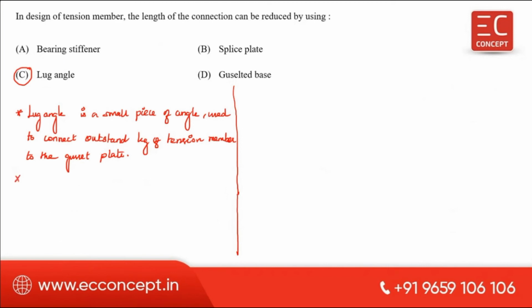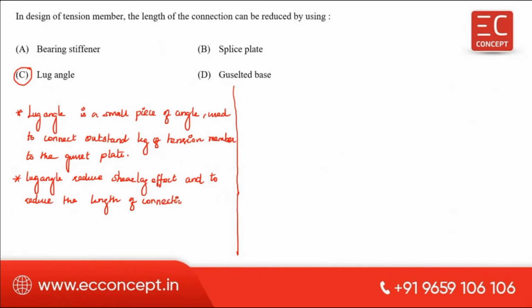Next point, lug angle reduces the shear lag effect and reduces the length of the connection to the gusset plate.